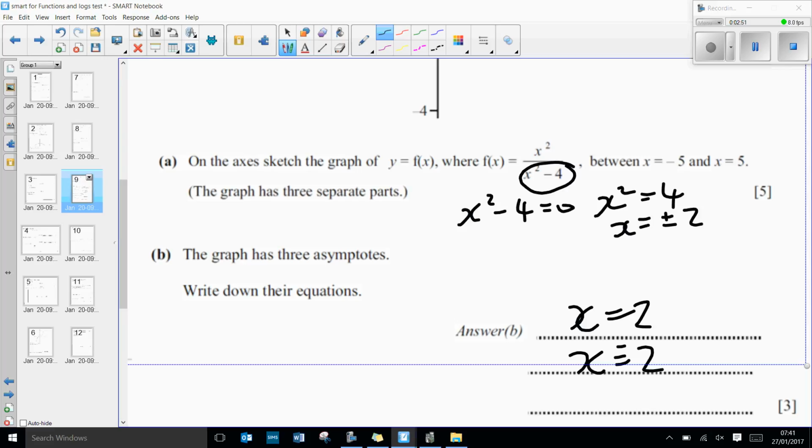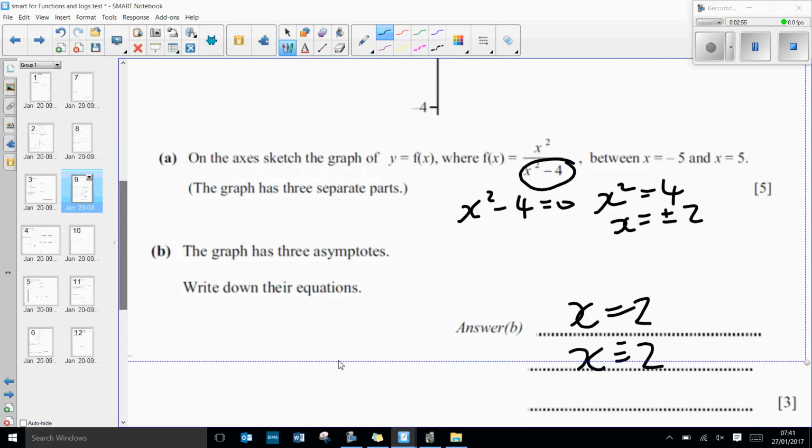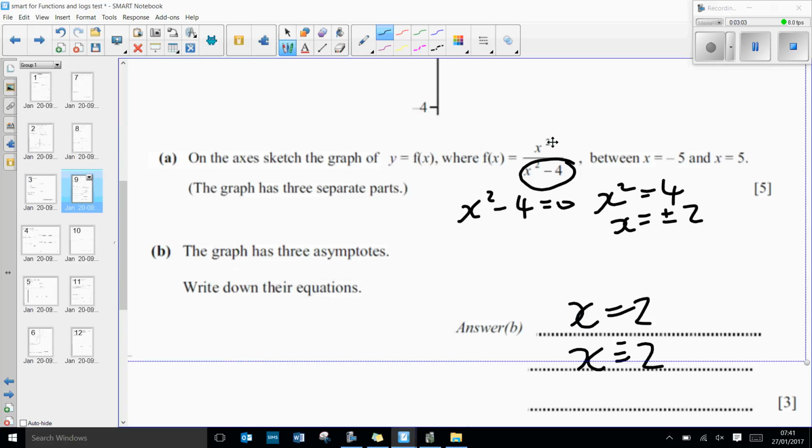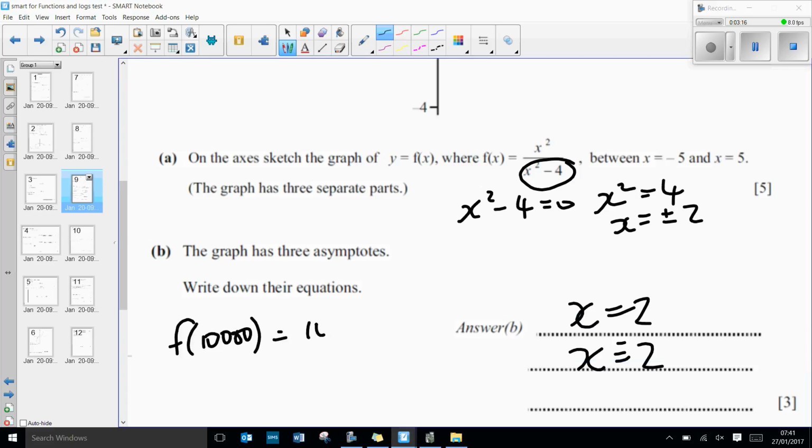We can then see that there is a horizontal asymptote as well. And if you're not sure about what value that is, remember, stick a very large value of x into both positions here. So if I have f of 10,000, for example, we've got 10,000 divided by 10,000 squared, take away 4.